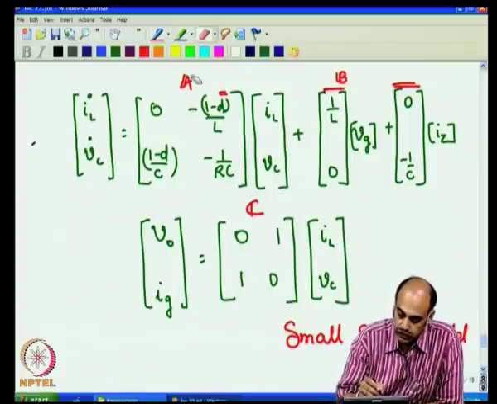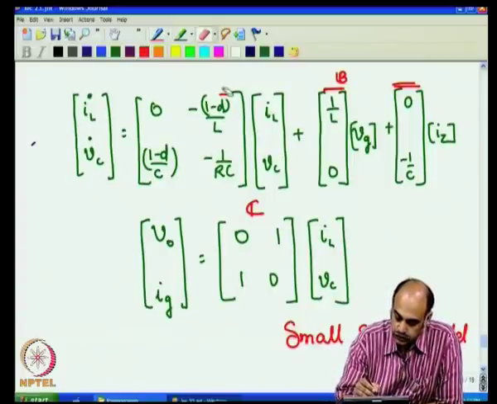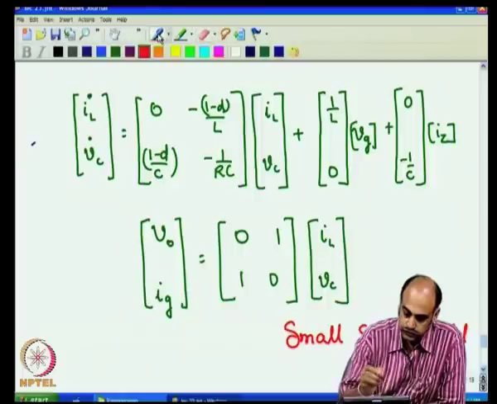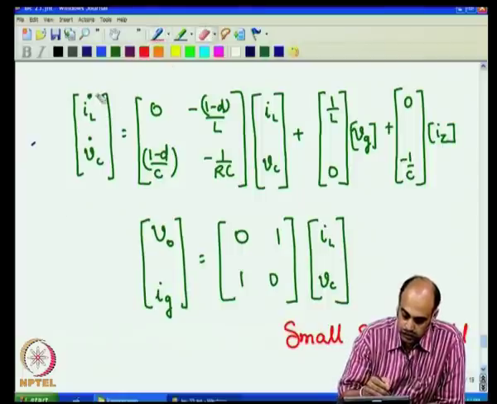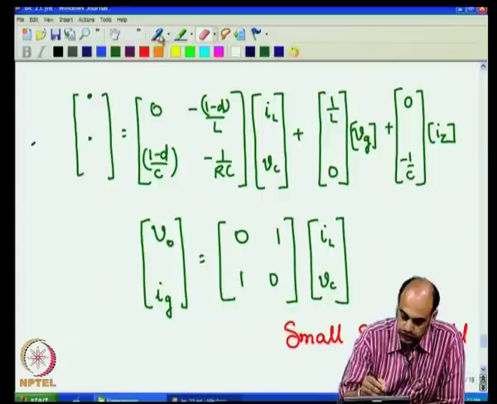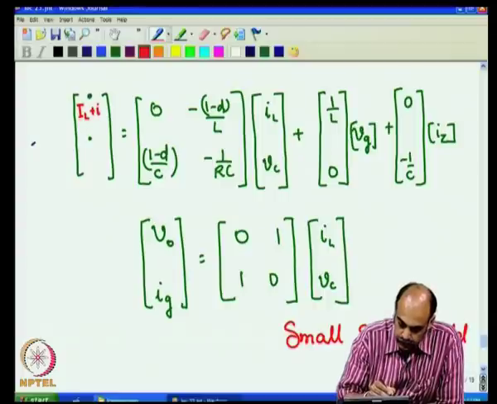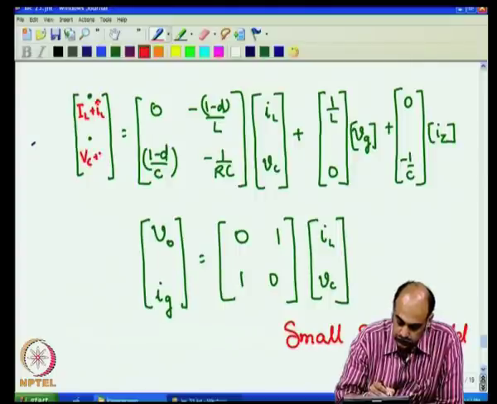So, when we try to make the substitution, there will be new terms which will be coming in. So, this will get substituted as IL dot plus IL hat, Vc dot plus Vc hat.